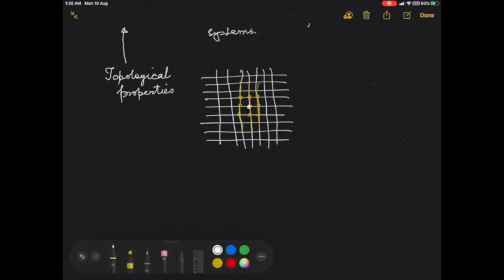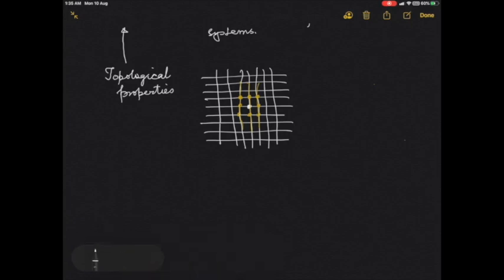Okay. Now I go to a different coordinate system. Before I go to the different coordinate system, let me remind you, these are the lines where y equals constant, and these are the lines where x equals constant. Okay. And this coordinate system is the x and y coordinate system. I go to a different coordinate system, which let's call uv. So this is xy, I call it uv.